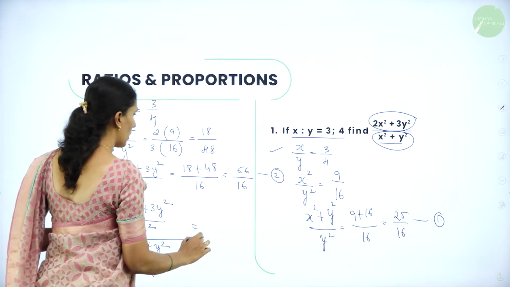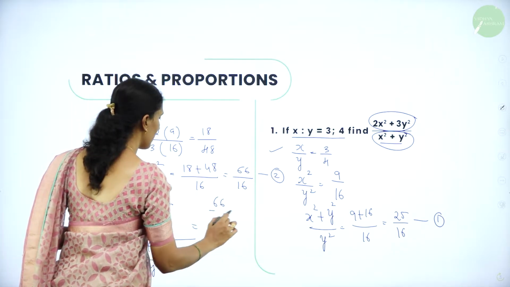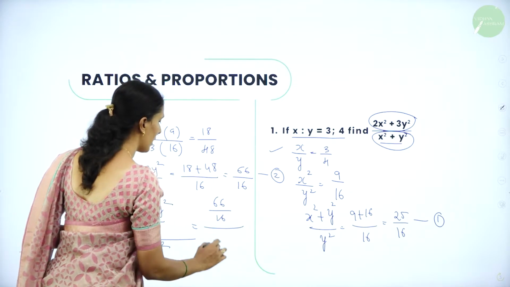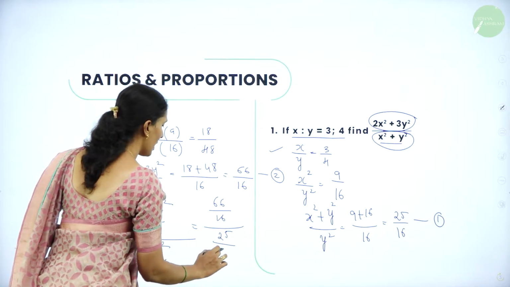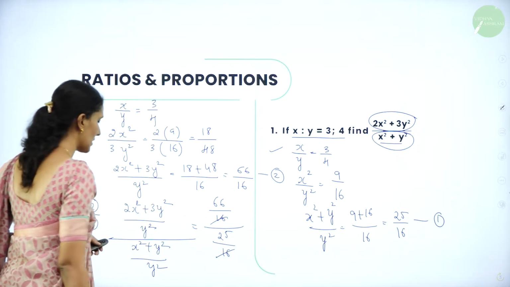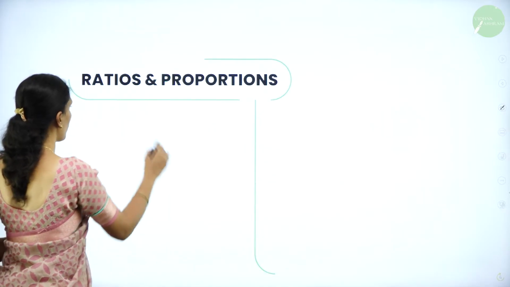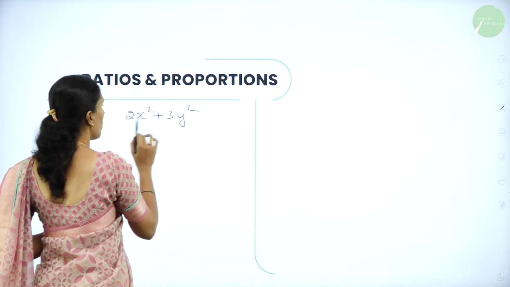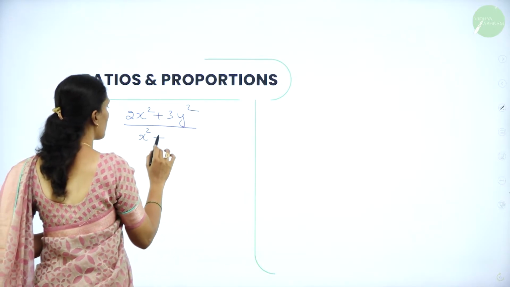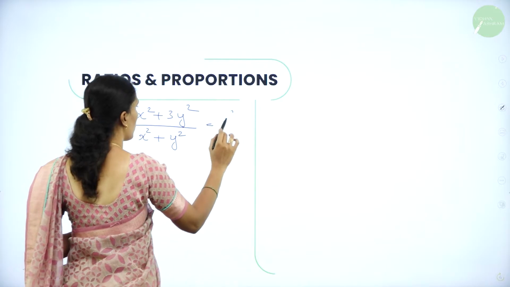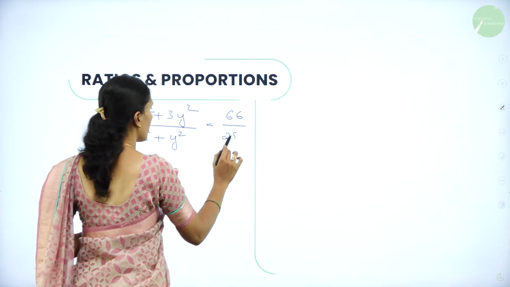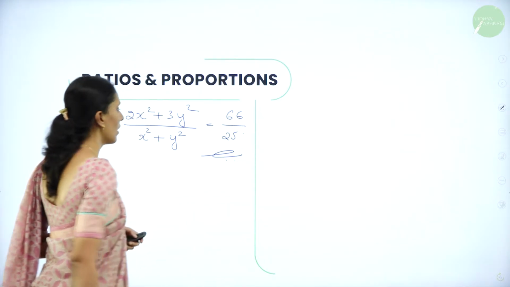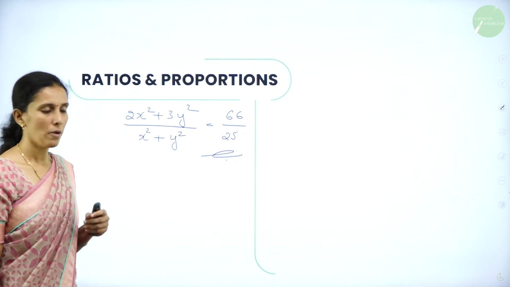That is equal to 66 divided by 16, whole divided by 25 by 16, which gets cancelled. So now I'm left with 2x square plus 3y square whole divided by x square plus y square, which is equal to 66 by 25. So this is my required ratio for the given problem.